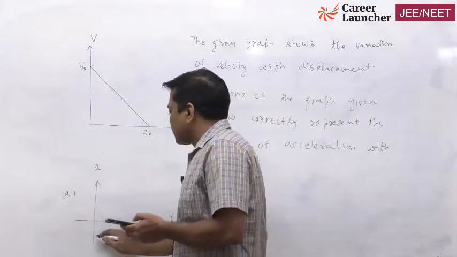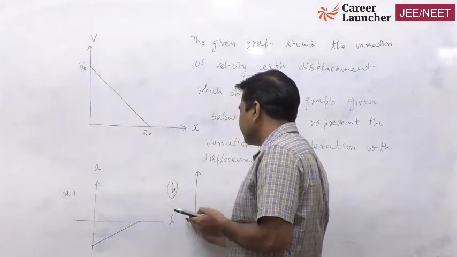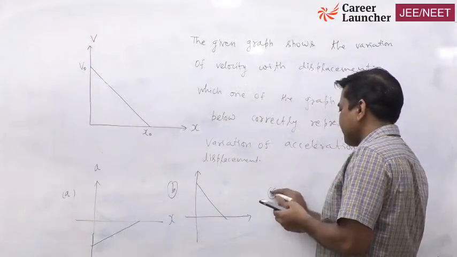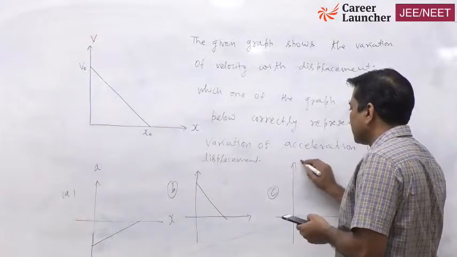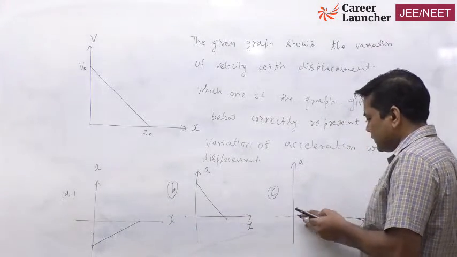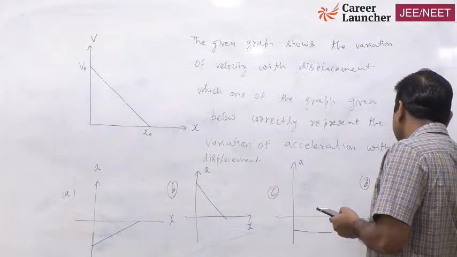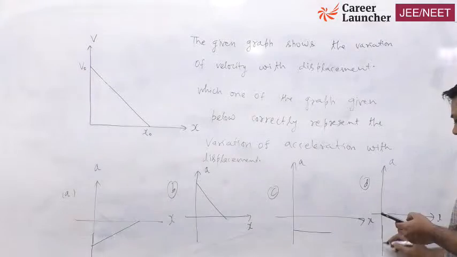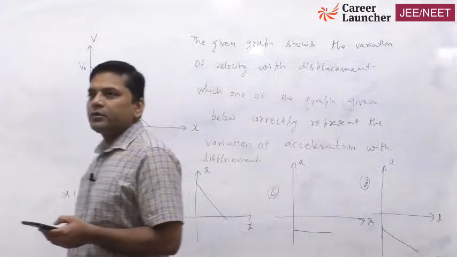All graphs, say this is option B. This is C. Just a straight line below, and this is option D. As soon as you complete this question, let me know which option is right.